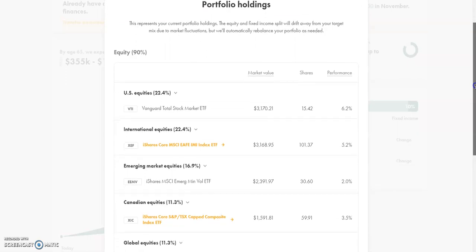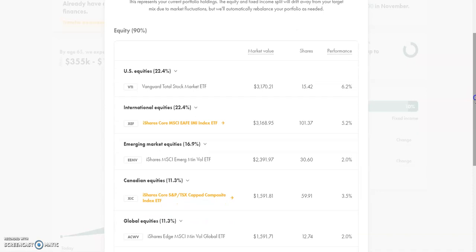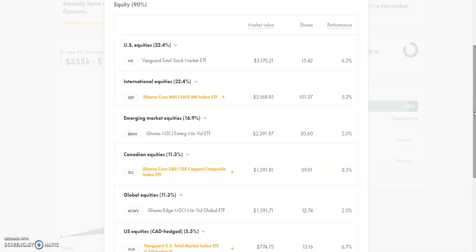As you can see, guys, this is the breakdown of the different indexes and exchange traded funds that I'm invested in through Wealthsimple. The 90% equity consists of the US equity investment. You can see the market value that I currently have as of today, the number of shares that I have, and the performance of that account.